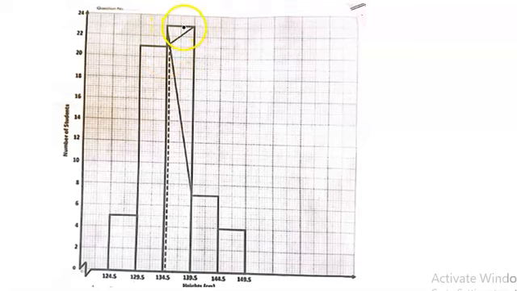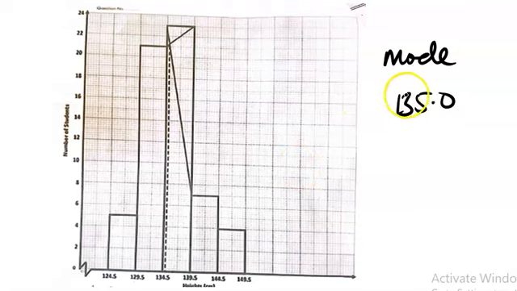In this case, this is the highest bar. On the left, you check the next highest bar. On the right, you check the next highest bar. Then you draw a straight line from one corner to the right-hand side, and then you draw another one to the left-hand side. The intersection becomes the mode. Read the value here. Now when we do that from the graph, our mode is 135.0.